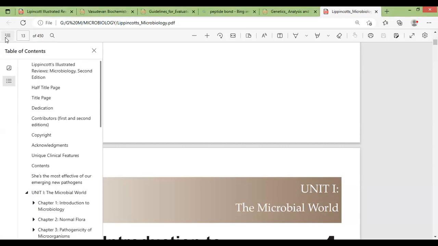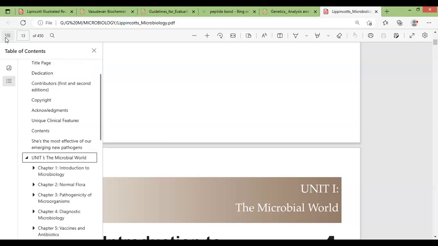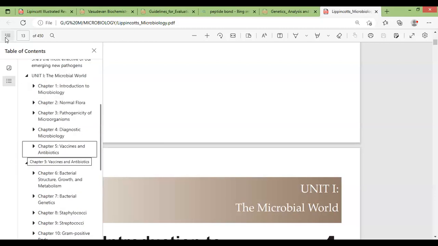Okay, now let us start. Bacterial classification, structure, and function. So classification of bacteria, I believe at the very least we remember, right? Gram positive and gram negative, and this classification is based on the cell wall.